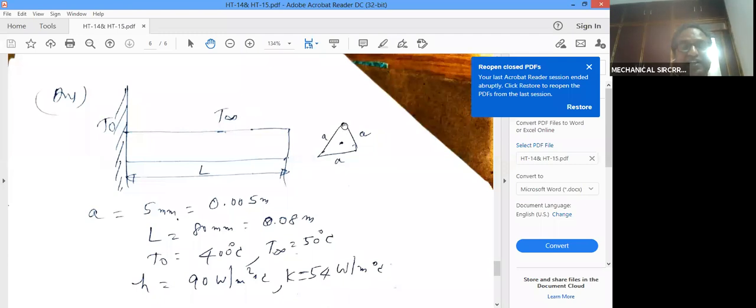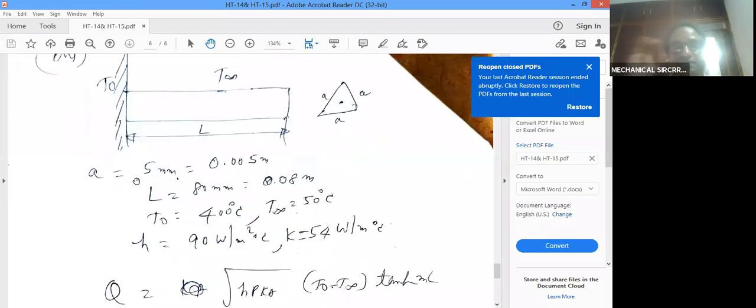The cross section is an equilateral triangle, each side a given as 0.005 meters, 5 mm. Length of the fin is 80 mm, that is 0.08 meters.